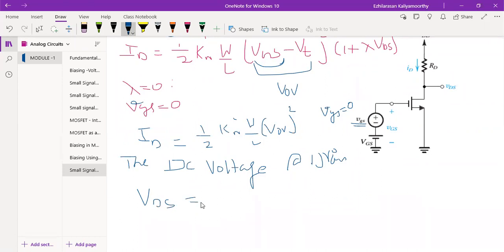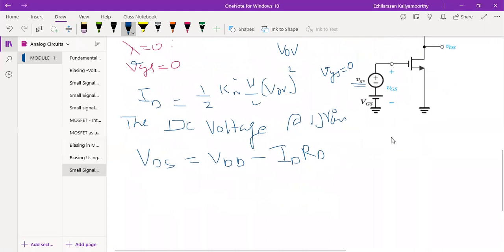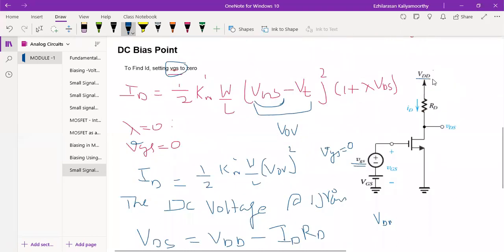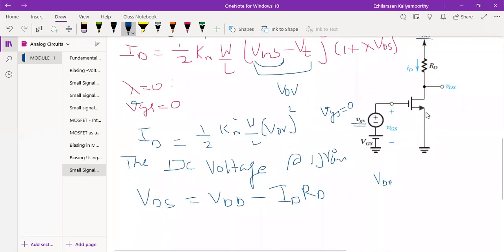What is the VDS? VDS is equal to VDD minus ID RD. This expression we already derived from fixing VG in the bias actually. You can remember VDD is equal to, so from this expression we can write VDS is nothing but VDD minus ID RD.